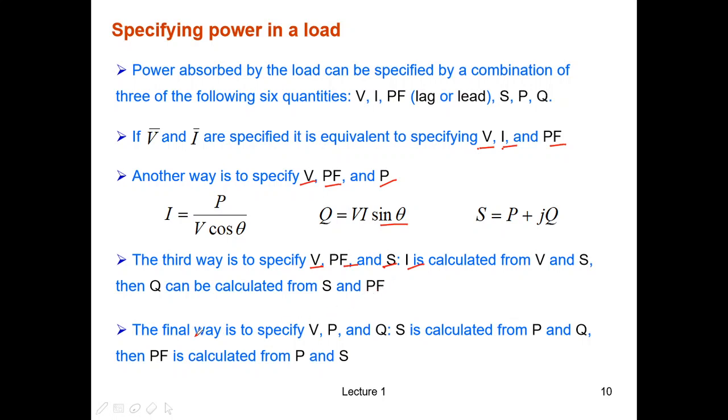The final way to specify a load is to give us voltage, real power, and reactive power. By definition, from P and Q we can calculate the apparent power S, and from S and P we can calculate the power factor. One note: whenever you answer a question about a power factor, you also need to say whether it is lagging or leading.